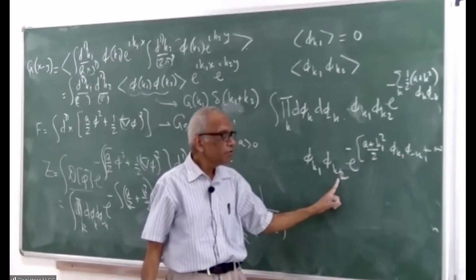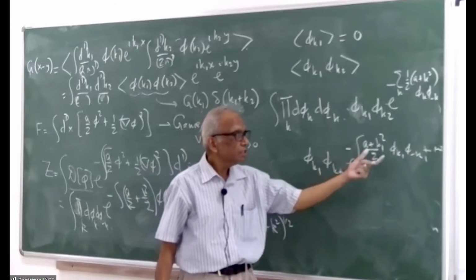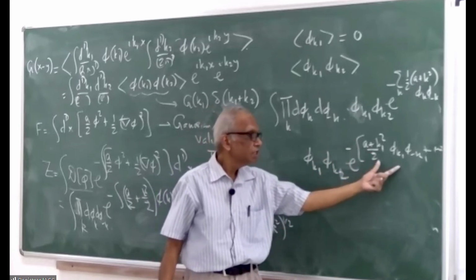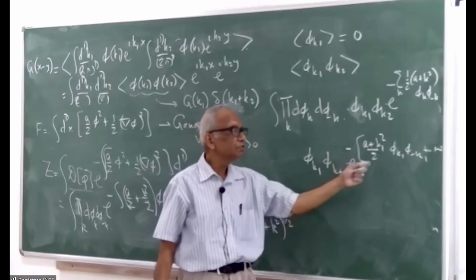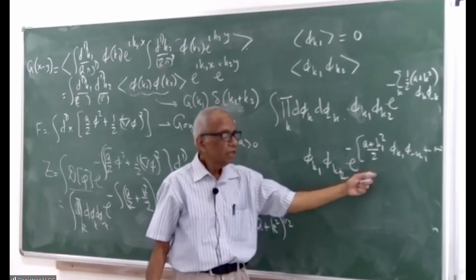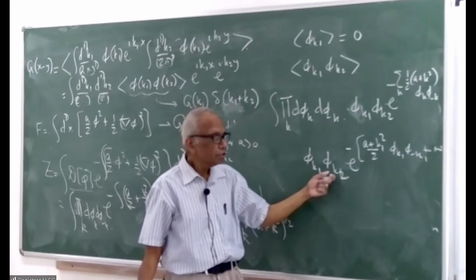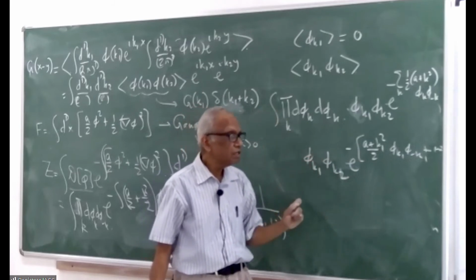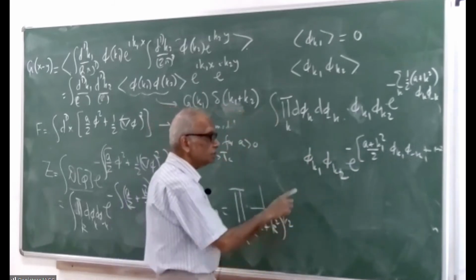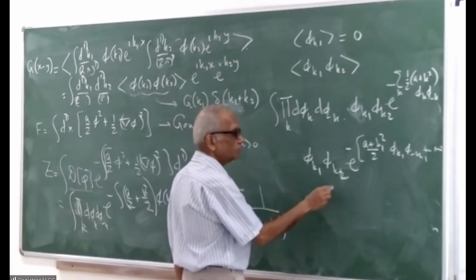If I now look at this integral and this integral over here, the integral over phi k1 is going to give you 0, and similarly for this one the integral is going to give you 0. So the only time they can exist is if one is the negative of the other.